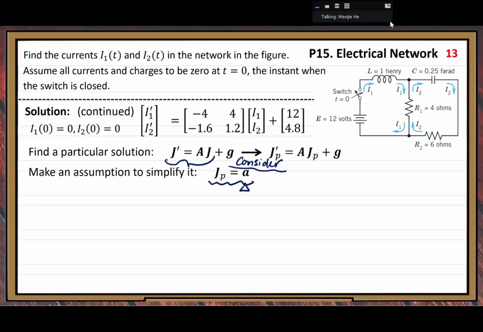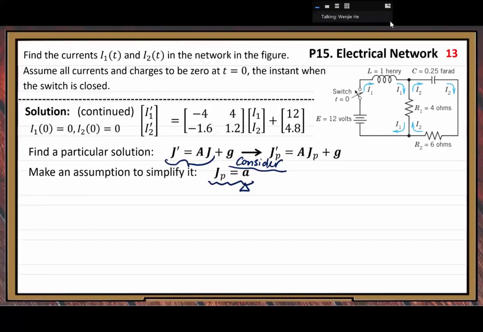Why this constant vector? Because when we take a constant vector, y_p prime is gone. The derivative of a constant is 0, so the derivative is gone.